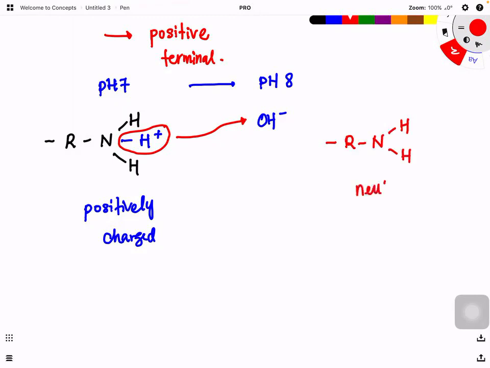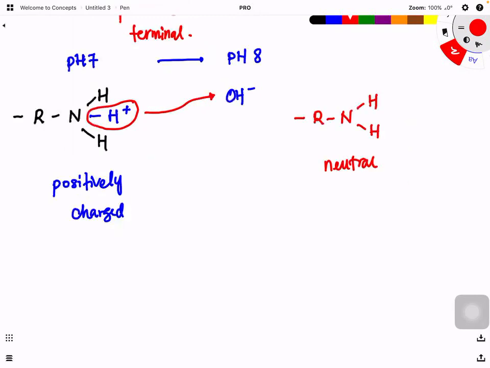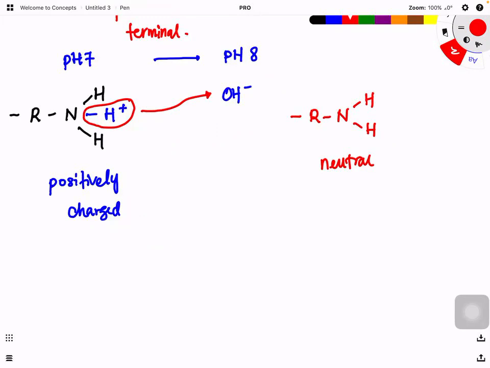When it's neutral already, they have no net charge, so the electric field won't have influence.